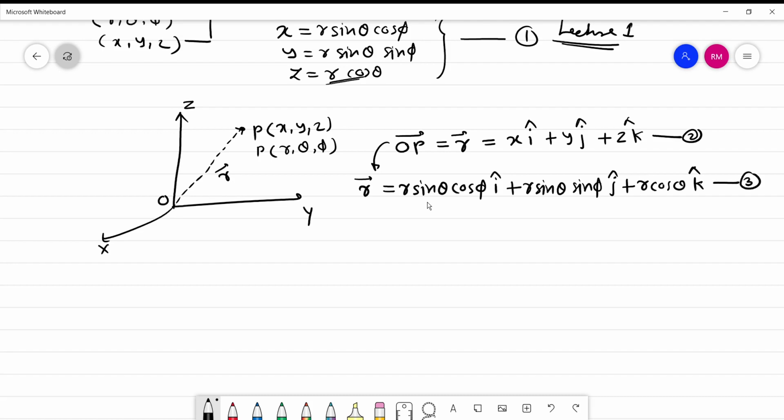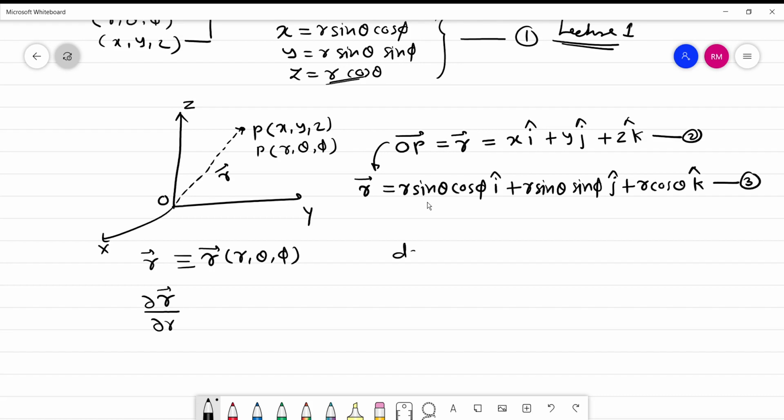And now what I want to do is find the derivative of r bar. What I know is that r bar is a function of r, theta and phi. So if I want to find the derivative of r bar with respect to r, I have to write it like this, delta r bar by delta r.